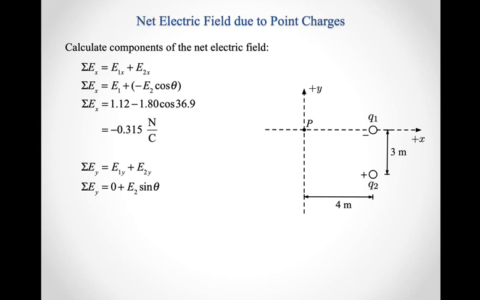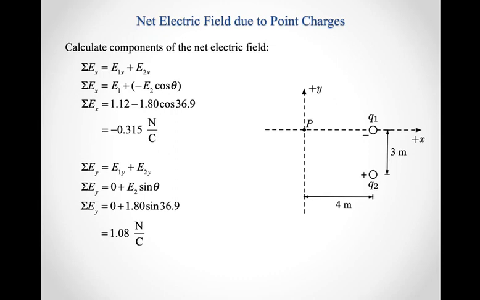Y component equation, so the y component of the net electric field is 0 plus E2 is 1.8 sine theta, sine 36.9, and my calculator says that's 1.08 newtons per coulomb. Again, now that I know the x and y components, I can go ahead and sort of sketch out what that net electric field vector looks like.